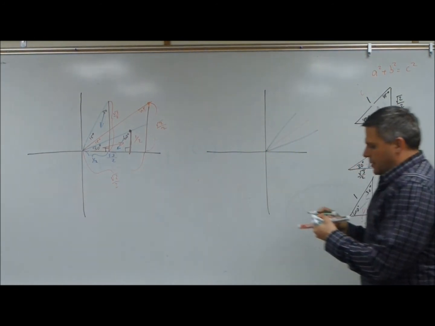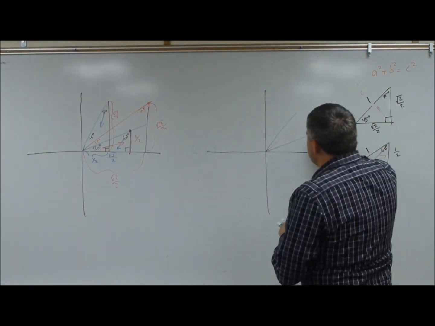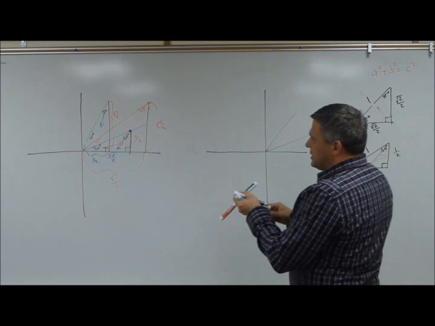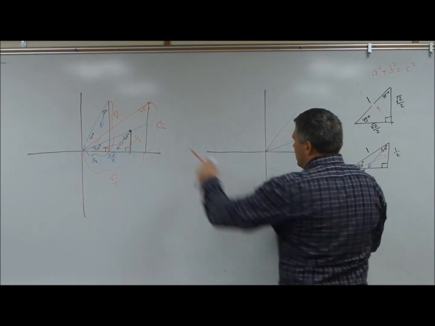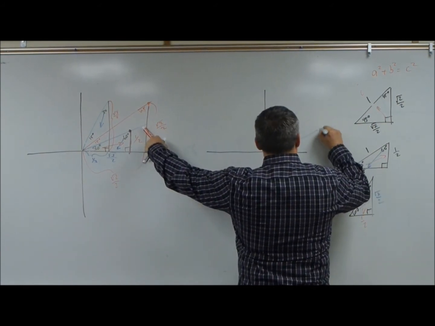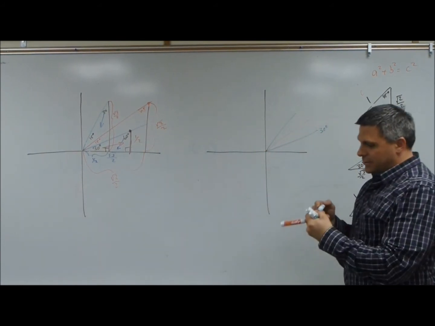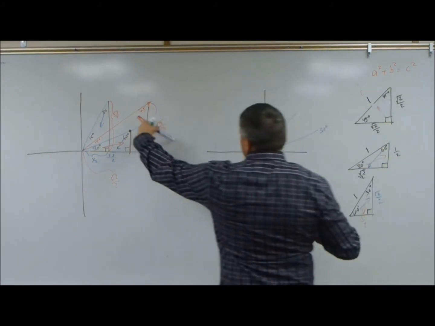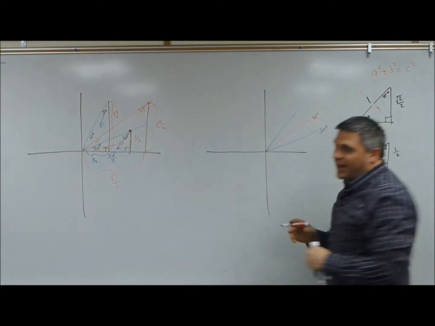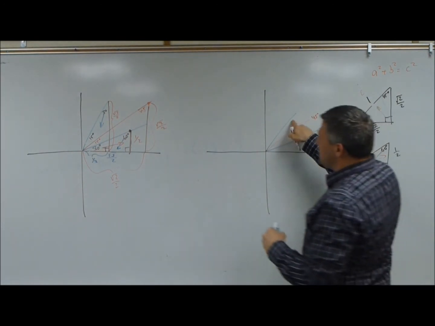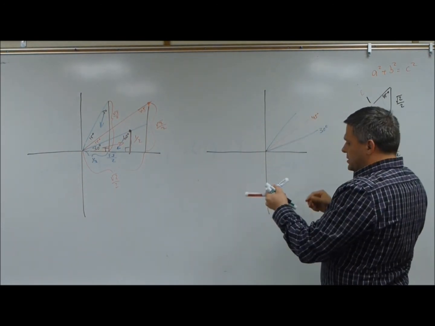All right. So how big was this one? We said that that was how big? 30. How big was this one? 45. And how big was this one? 60.